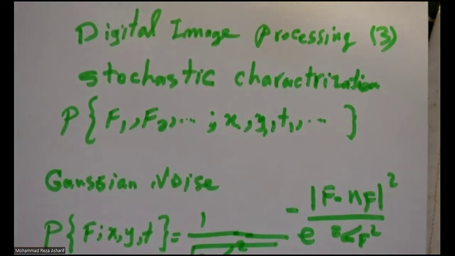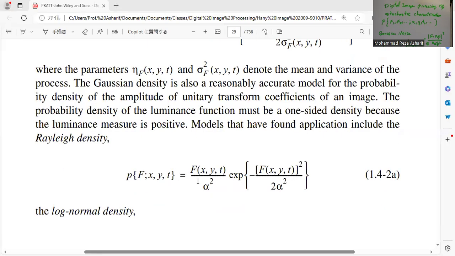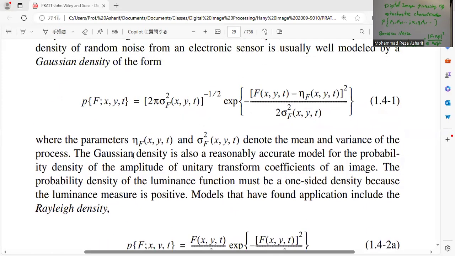Okay, let me now change here to the sharing again. What I wrote for you is the noise model, with the mean value and variance, the Gaussian density function.